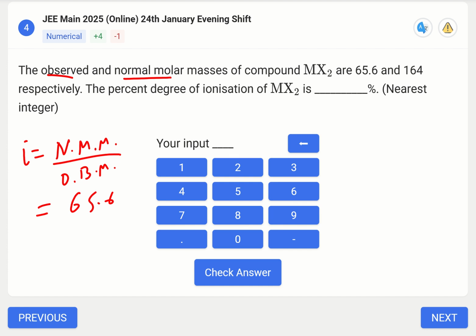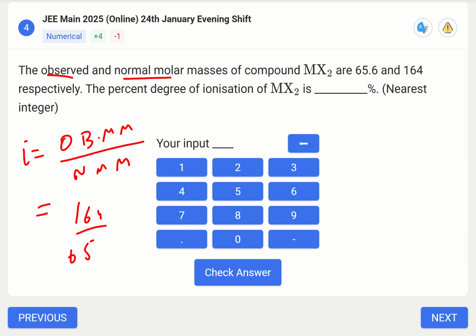Okay, formula. I got this. It will be observed molar mass upon normal molar mass, so it is 65.6 upon 164. Now we also know that i is equal to 1 plus (n minus 1) into alpha.